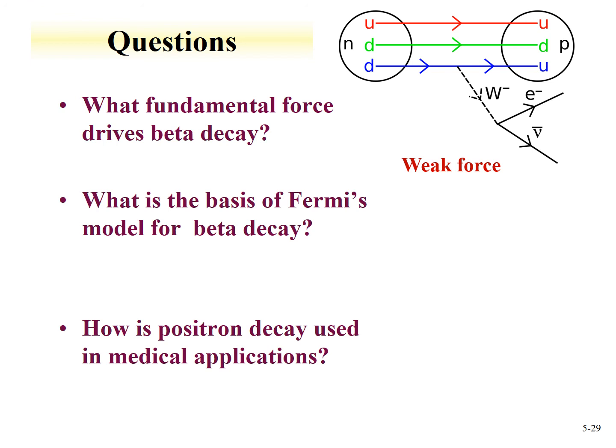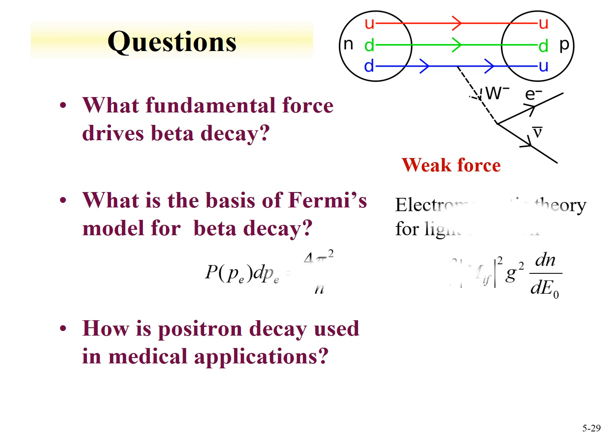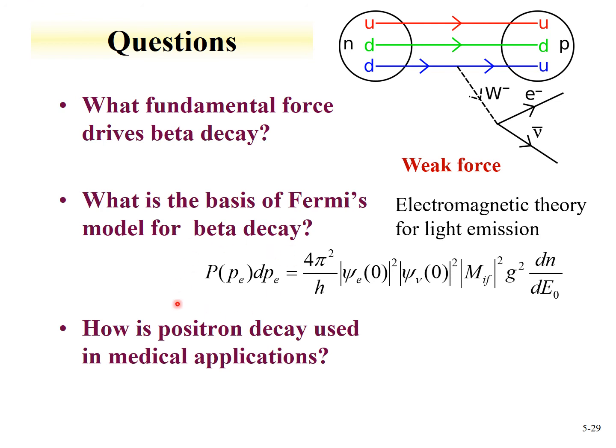So what is the basis of Fermi's model for beta decay? It actually exploits some of this force. It's based upon electromagnetic theory for light emission. Fermi took that fundamental theory and applied it to the weak force, to beta decay, where he came up with an expression describing the population of certain energy densities, equal to some constants, the wave function of the electron, the wave function of the neutrino, this mixing matrix, and this Fermi constant, which he fundamentally replaced from the electromagnetic theory.